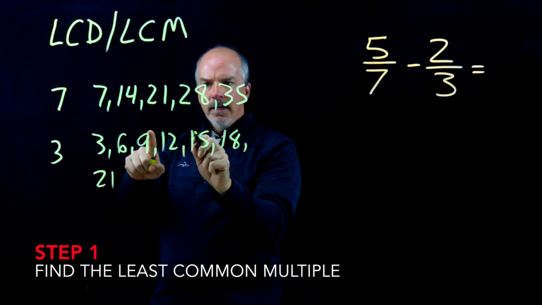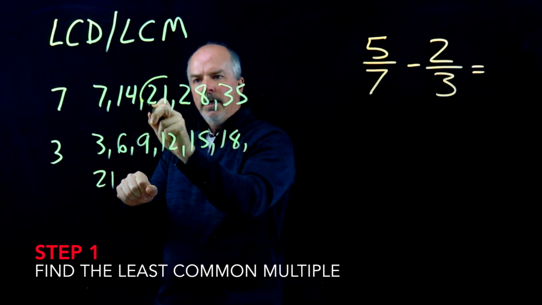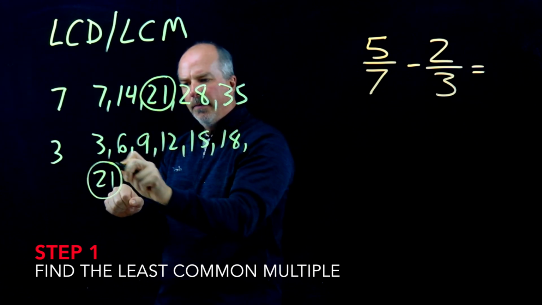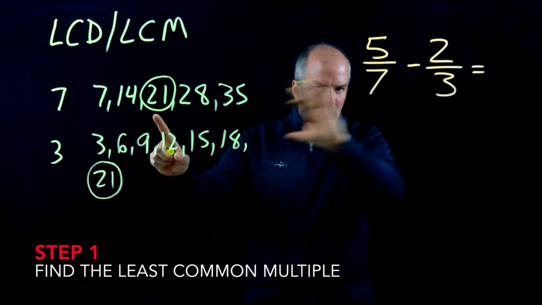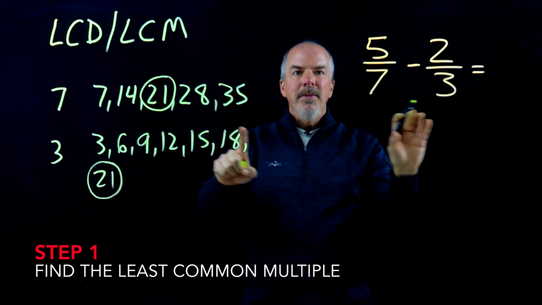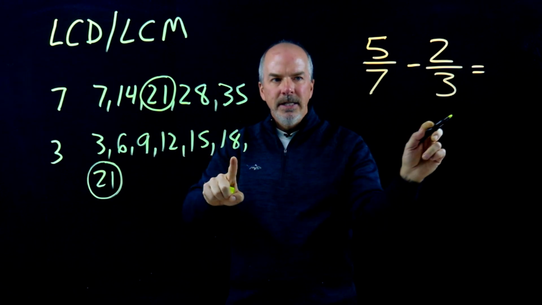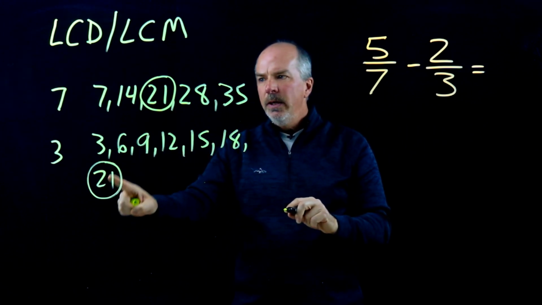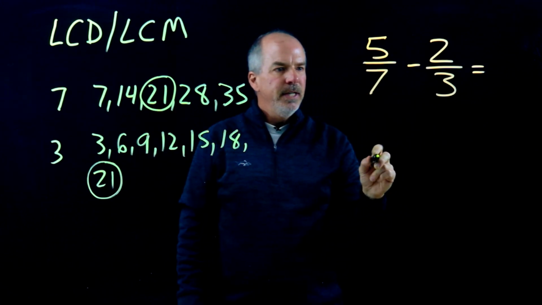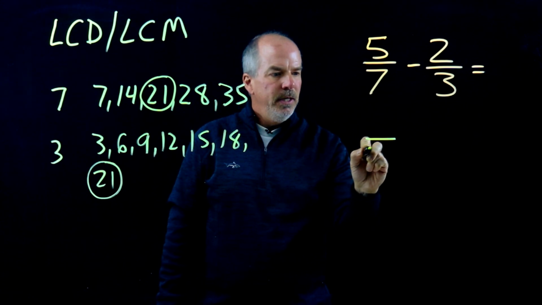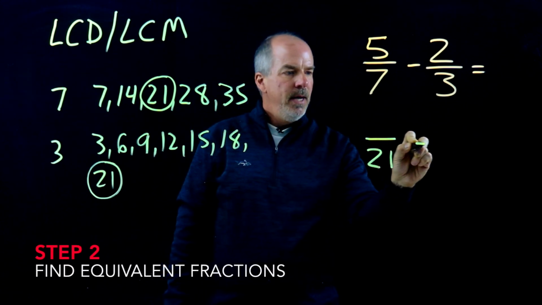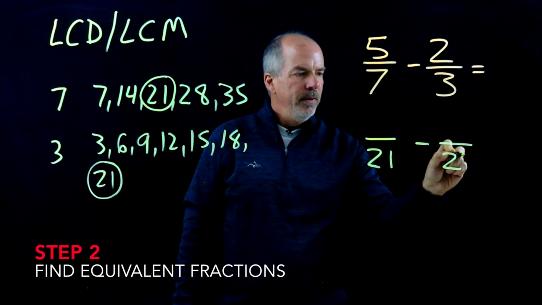Okay, so now I can see that I have 21 and I have 21. If I kept on going, I would have more multiples, but my least common multiple that 7 and 3 both share is 21. So 5 over 7 is going to be something over 21 minus something over 21.